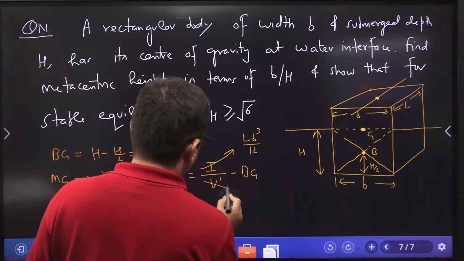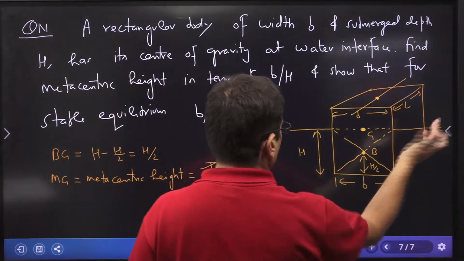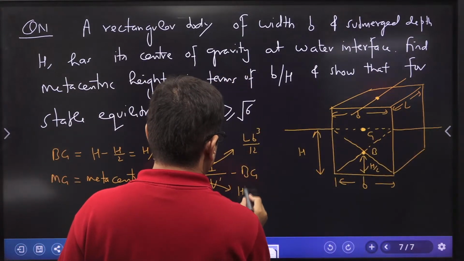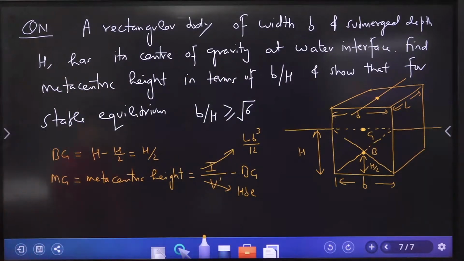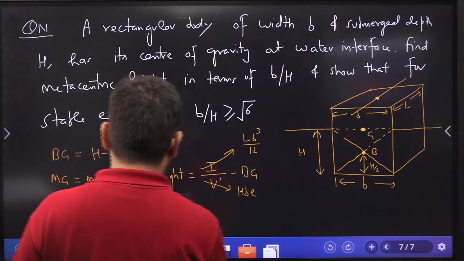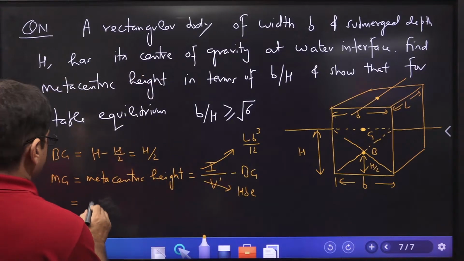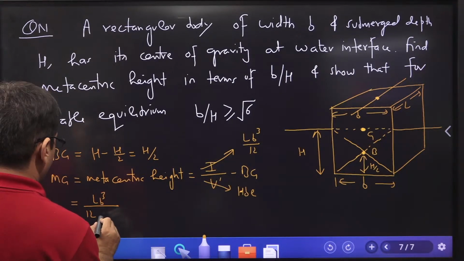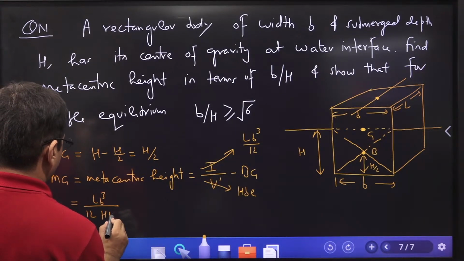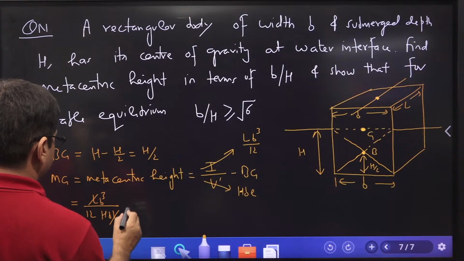What is V dash? Can you tell me how much is the volume submerged? Yes, capital H into B into L. Understood? And that is the reason L will get cancelled out. The moment you put it, what you get? LB cube by 12 over H B L. L will get cancelled out.